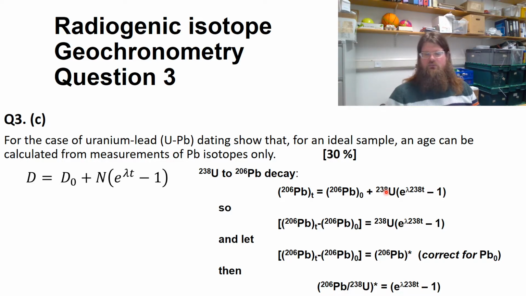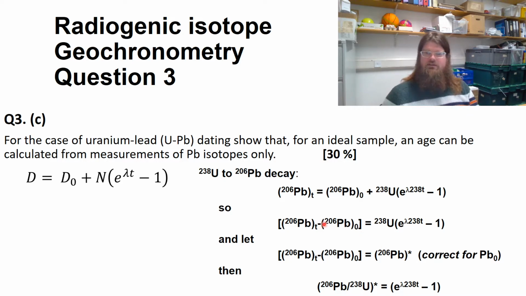Good. So with the assumption that we can take away the initial lead from both sides of this equation, it gives us this term, which is the total amount of lead in our sample minus that which was there initially. This is the lead-206 star.